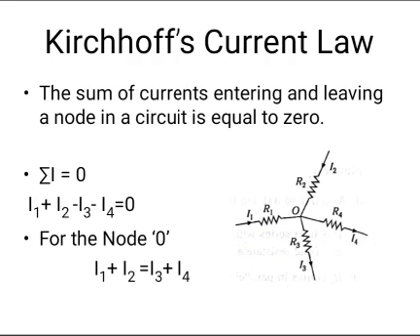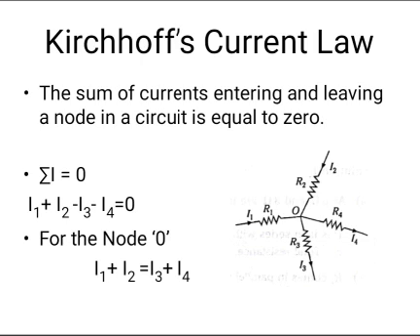In the circuit, let I1, I2, I3 and I4 be the currents at a junction or node, as shown in the figure. The currents flowing towards the junction are taken as positive.